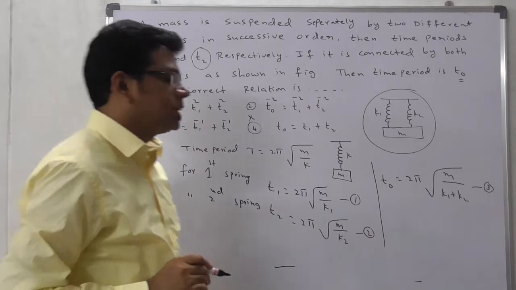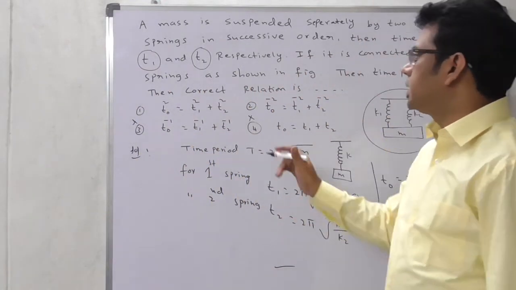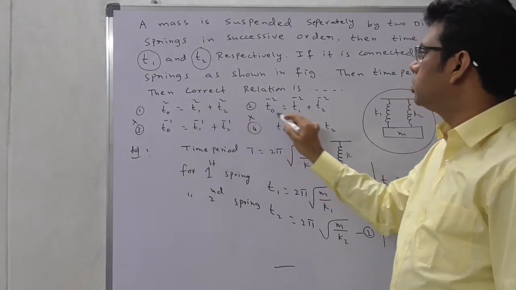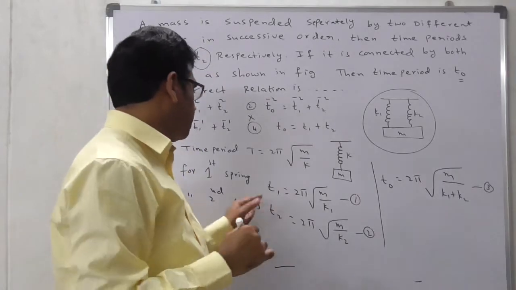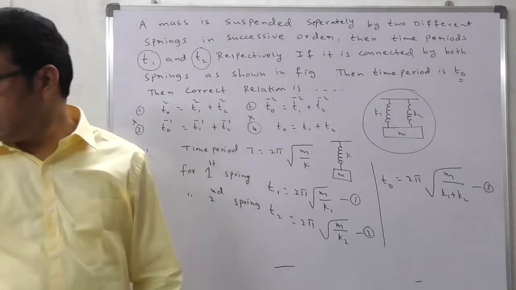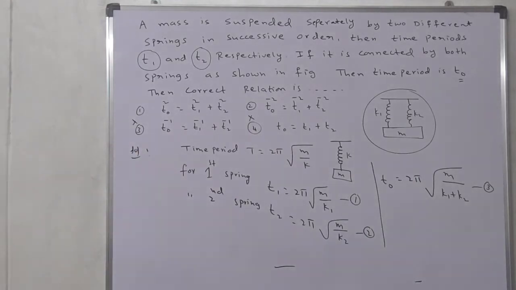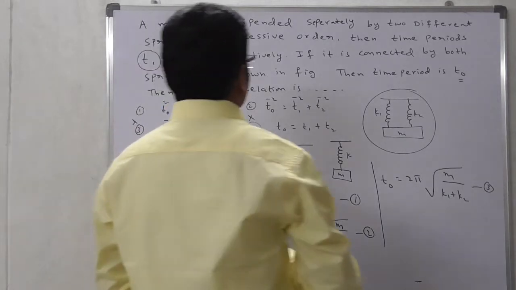So check the first and second options. The first and second options are with respect to squares. So first square T0, T1 and T2, after that verify. So definitely the answer will be in between 1 and 2. Clearly 3 and 4 are not correct.